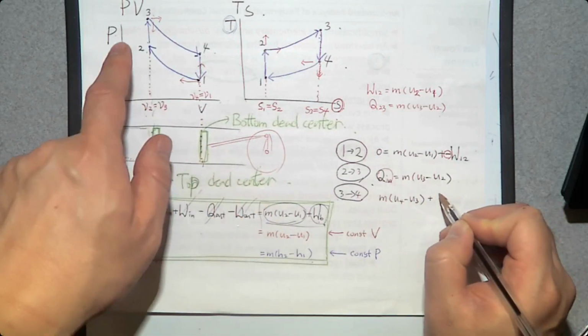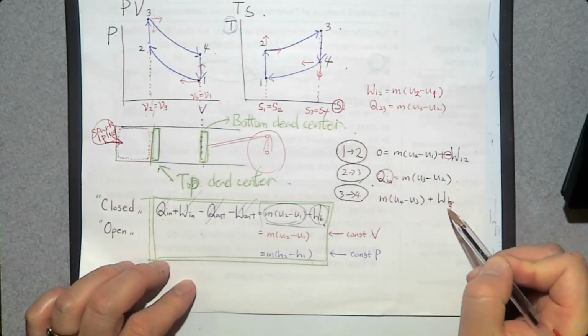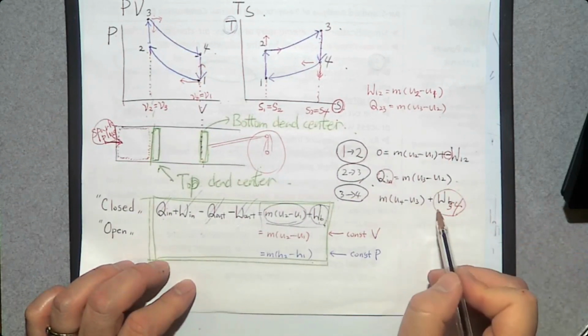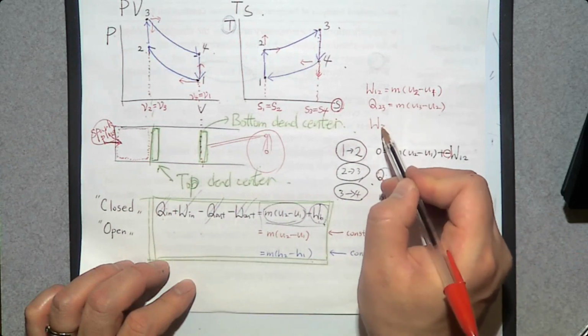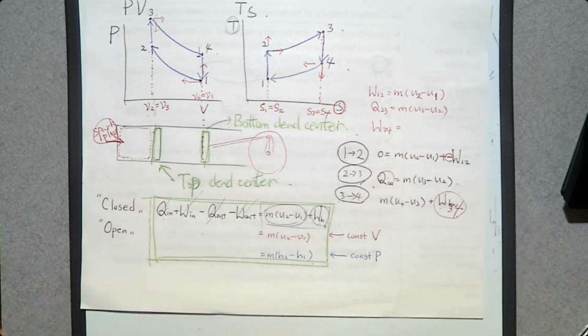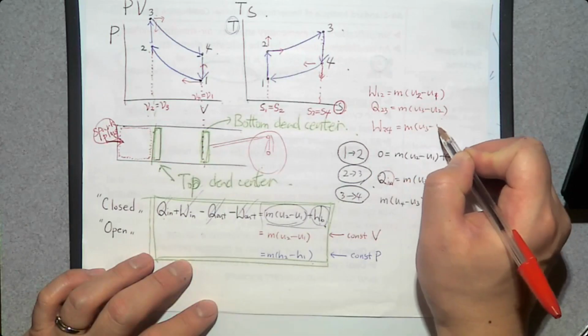So let's rewrite this equation in terms of W34. W34 is going to be mass times U3 minus U4.